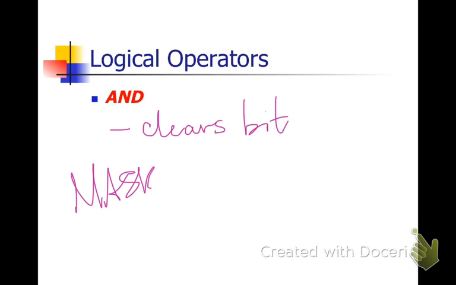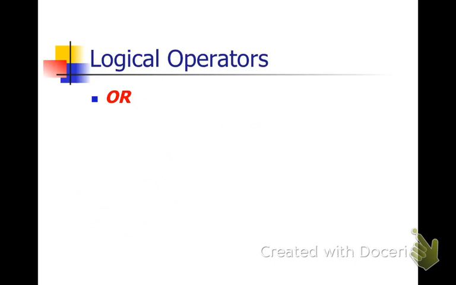A mask, usually your source operand, is a value that's used with a logical instruction to alter bit values in the destination. We'll do a couple of examples here in a minute, and hopefully that'll clear this up. So the mask, usually the source, is a value that we're going to use to manipulate the destination. So or sets bits.